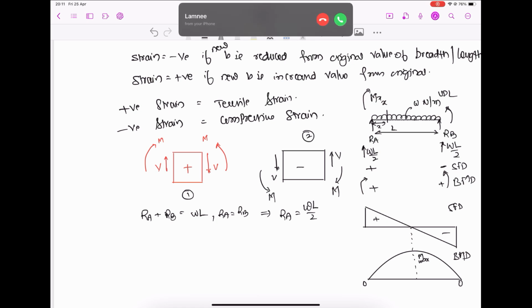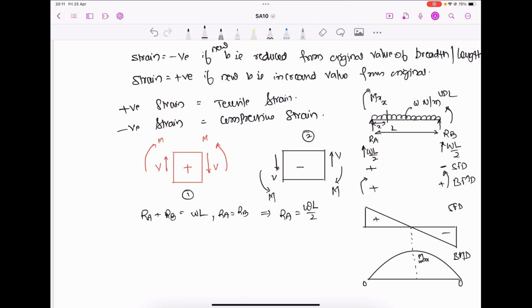Whenever SFD changes its sign, it implies bending moment is maximum at that point.